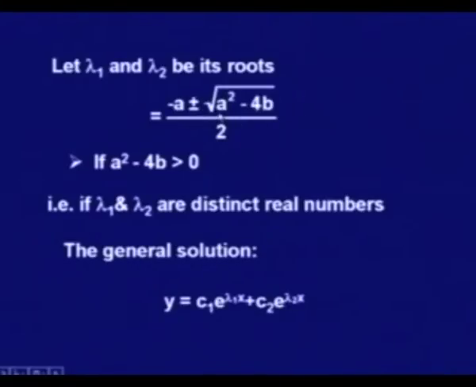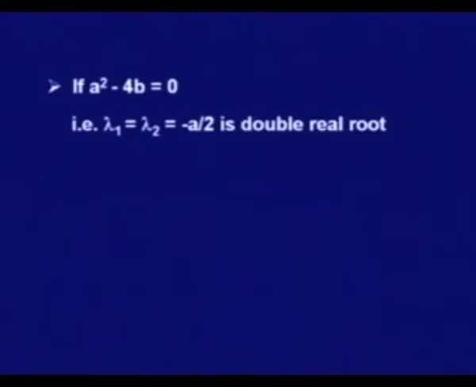Then if a square minus 4b is 0, that is the second part would be 0, I would get lambda 1 and lambda 2 both as minus a by 2.